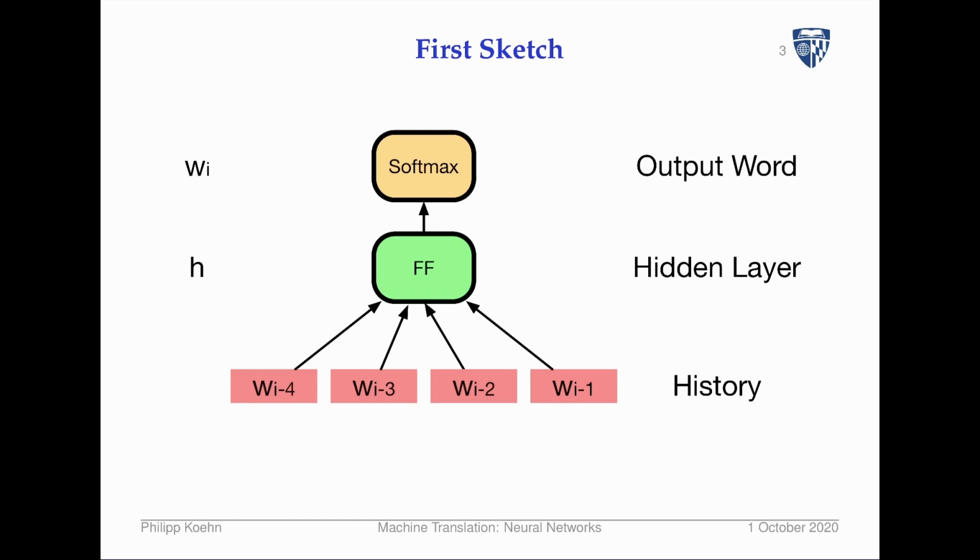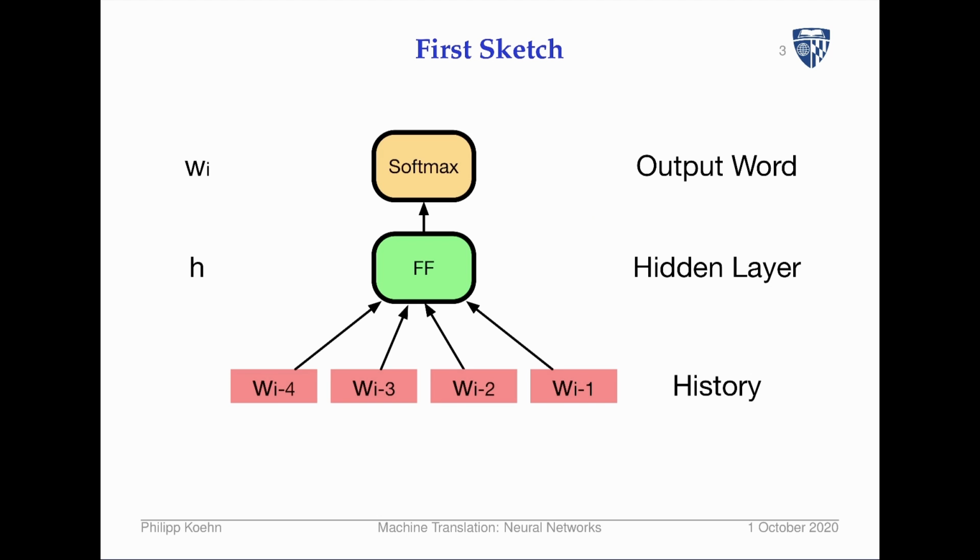So here's now how we're going to approach this problem as a neural task. Basically this is just the n-gram language model translated into a feed-forward neural network. It's really just like the XOR example, except the inputs here are not 2 bits. The inputs now are 4 words. These are the 4 words of the history.